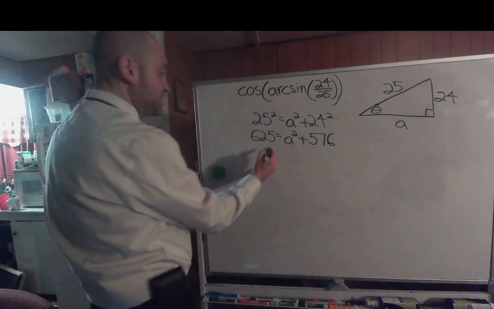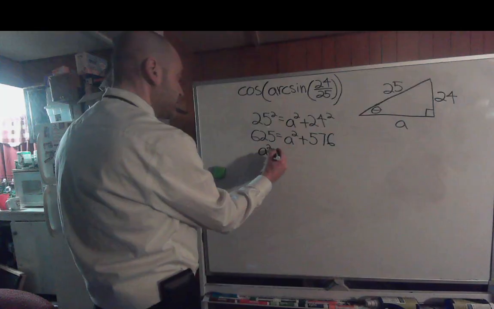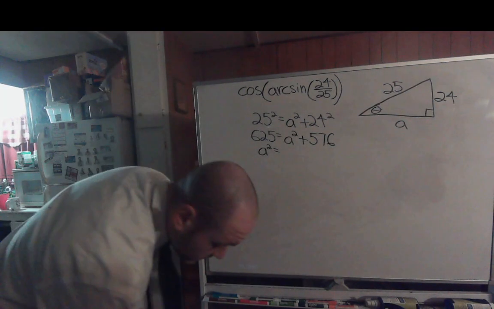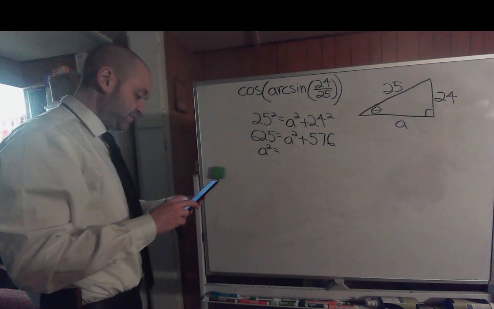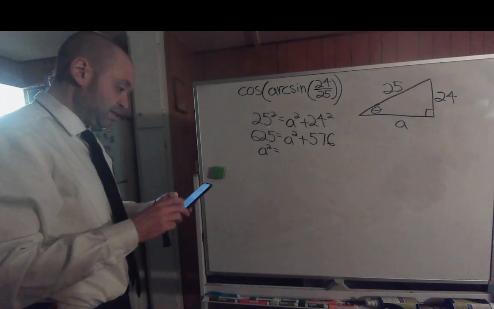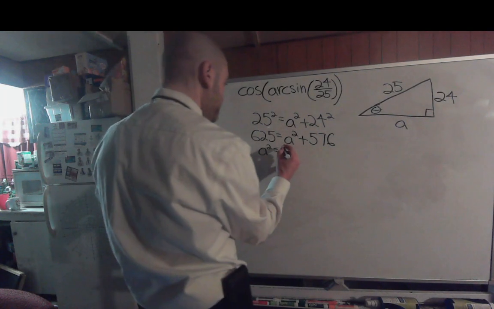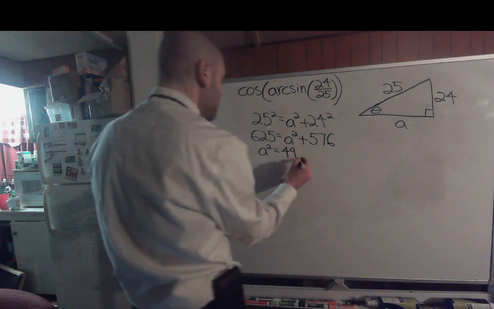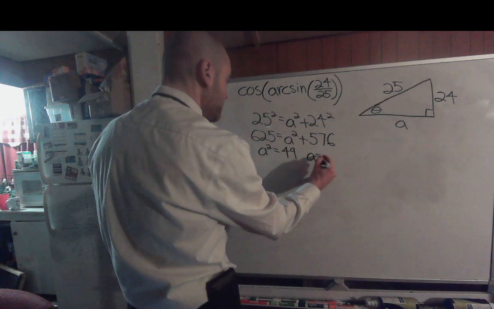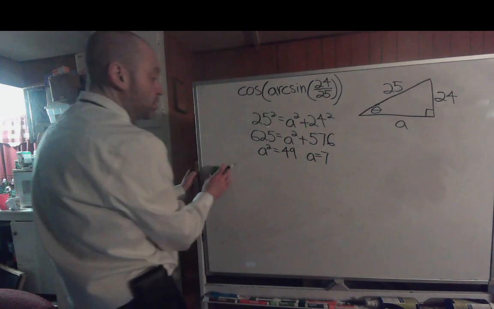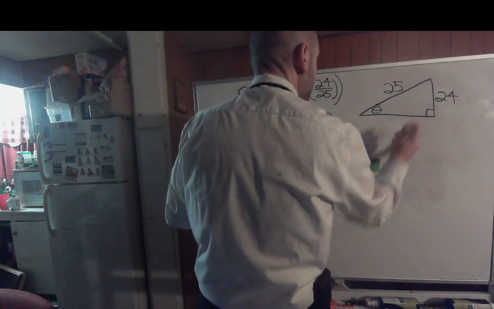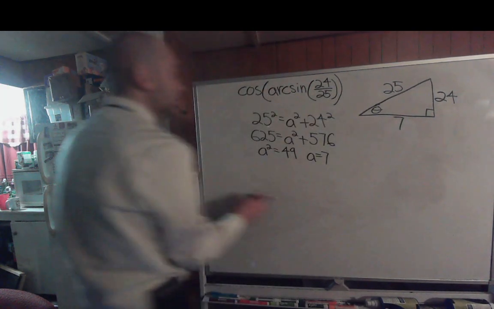So now let's see, that means a squared is going to equal 625 minus 576. Well, that's just going to be 49, which means a equals 7. So that means a would be 7.